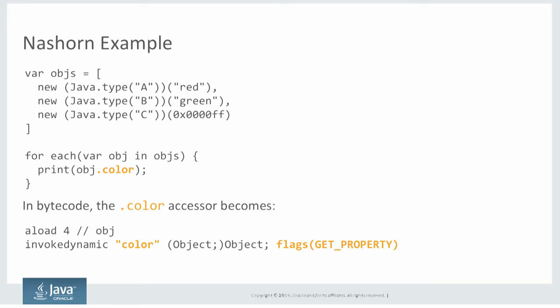In JavaScript, this code here first instantiates one of each of these classes we just saw, and then iterates over those and gets the color property using the same access mechanism each time.